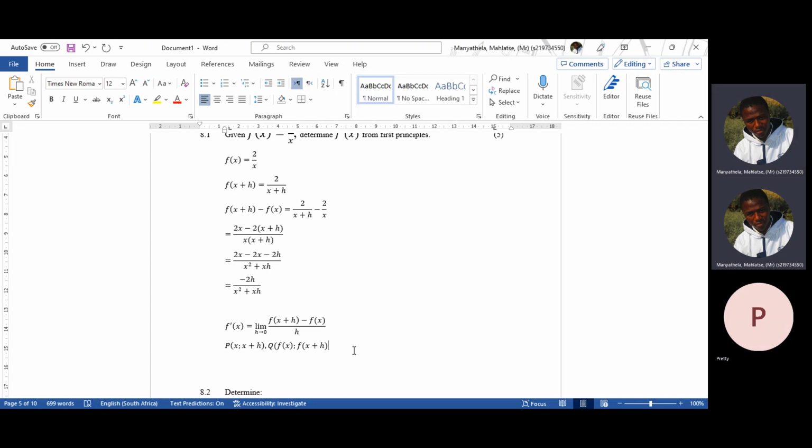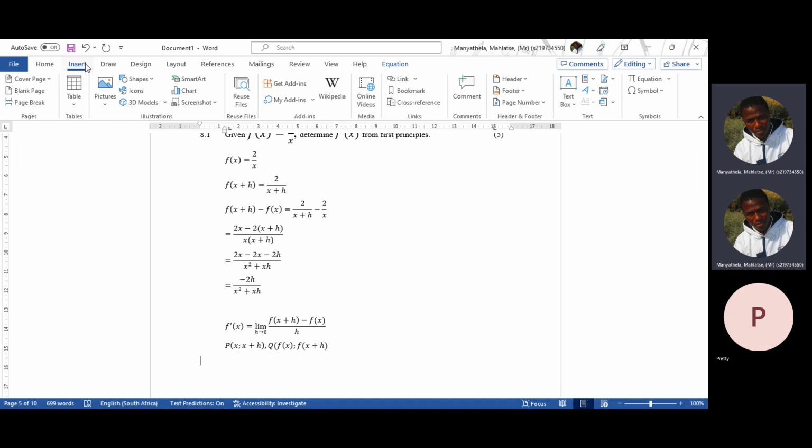If you are going to determine the gradient of PQ with these 2 given points, we both know that the gradient equals the change in y over the change in x.